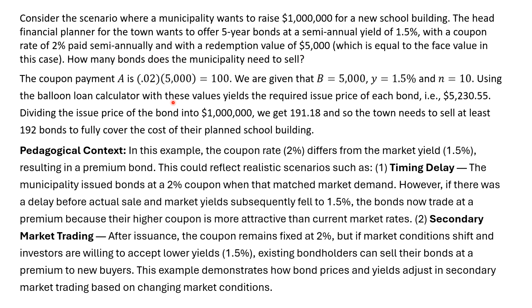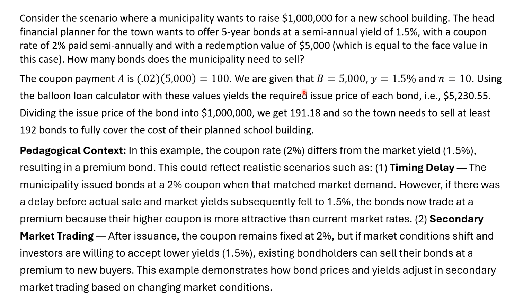So we have our coupon payment, that's the 0.02 times 5,000, so it's 100. And B is 5,000, the redemption value. Yield to maturity is 1.5%, and then there's semi-annual distributions over 5 years, so the N is 10.